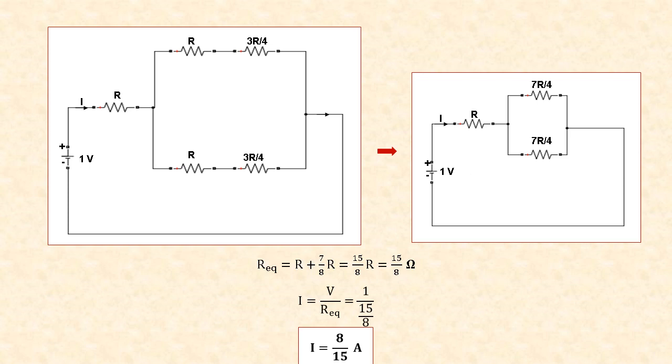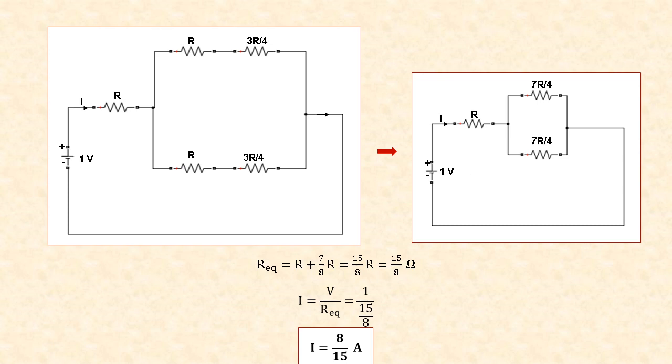So their equivalent will be 7 by 8R. Now the equivalent resistance is R plus 7 by 8R, since the resistor R and the equivalent of 7R by 4, which is equal to 7 by 8R, are in series. So by adding this we have 15 by 8R.